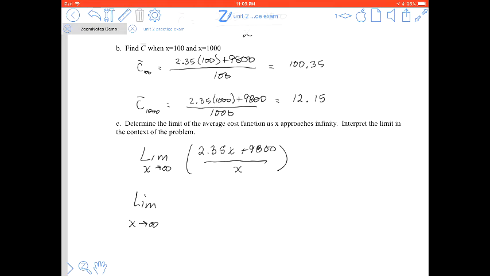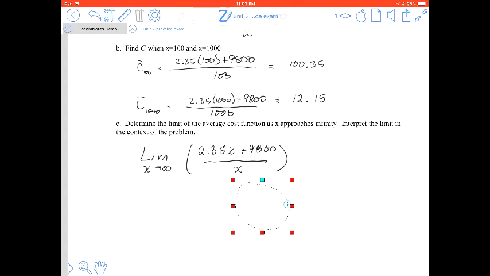If there are multiple terms in the numerator and one single term in the denominator, remember we can break it up into several fractions. So 2.35x over x is just 2.35, and then plus 9,800 over x. Now, we talked about this in class.